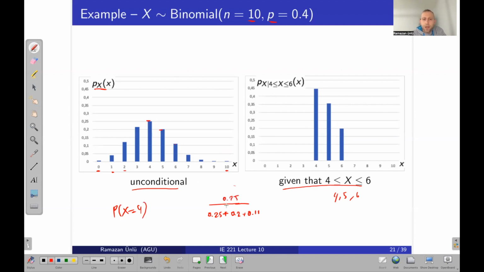So I will scale up that probability by dividing it by the probability of the conditioned event, giving approximately 0.25 divided by the sum. So I just increase the probability of the individual case under the given information, the conditioned event. That is the simple logic behind the conditional PMF or conditional PDF.